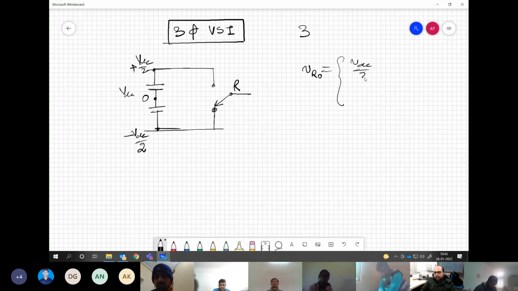It can be VDC by 2 or it can be minus VDC by 2. So say this is R1, R2, when R is connected to R1 and when R is connected to R2. You understand my point?